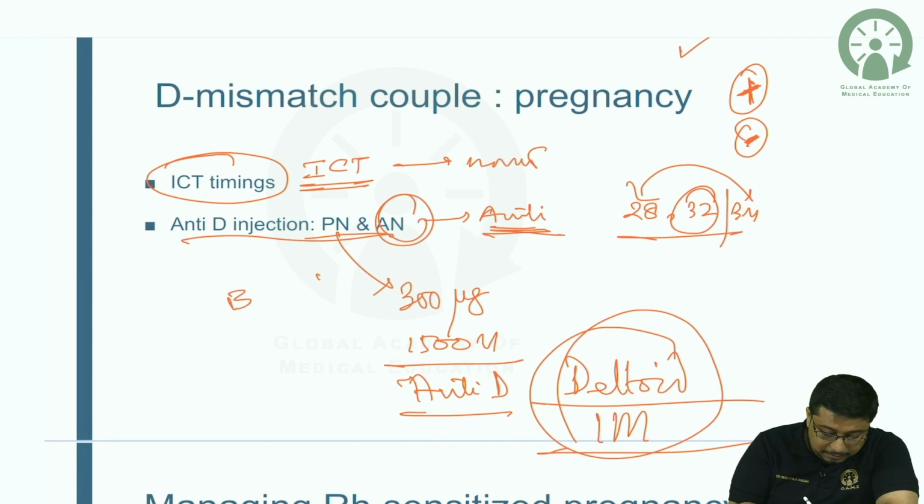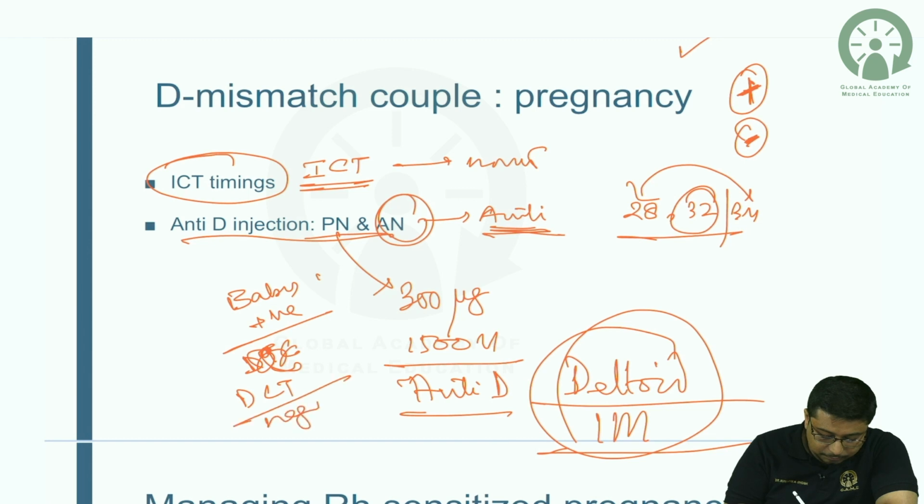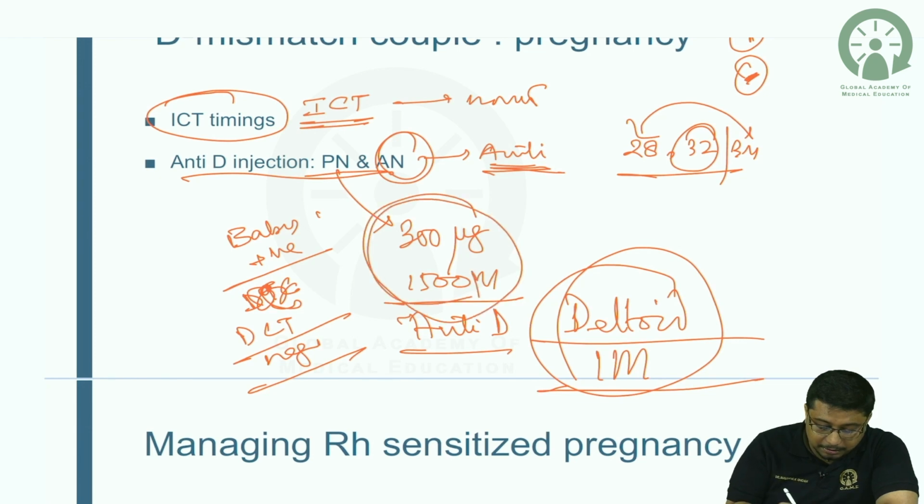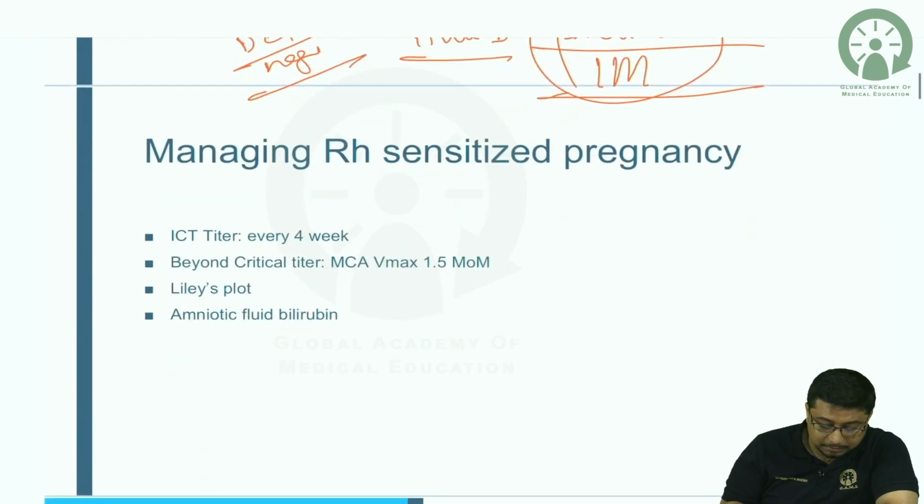So postnatal, if the baby is of positive blood group and DCT is negative, we must give this 300 microgram or 1500 international unit of anti-D to the mother to prevent complication in the next pregnancy.